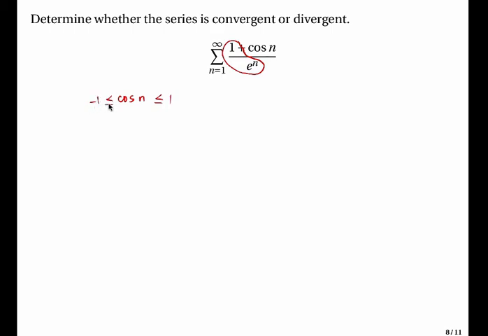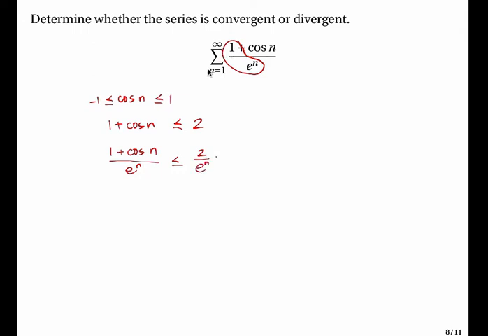What we need is that cosine of n is always less than or equal to 1, which means that 1 plus cosine n will be less than or equal to 2. And therefore, we have (1 plus cosine of n) divided by e to the n less than or equal to 2 over e to the n.